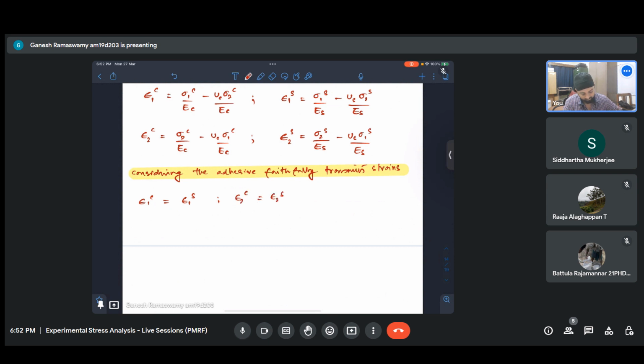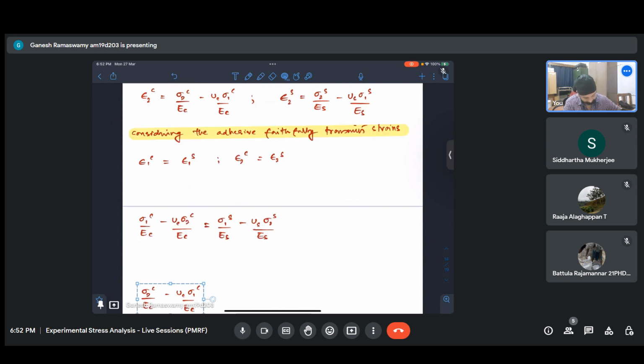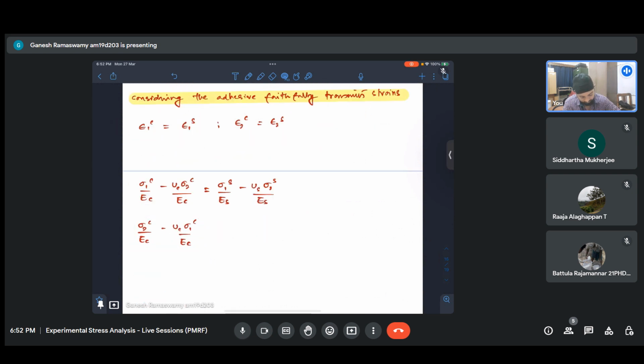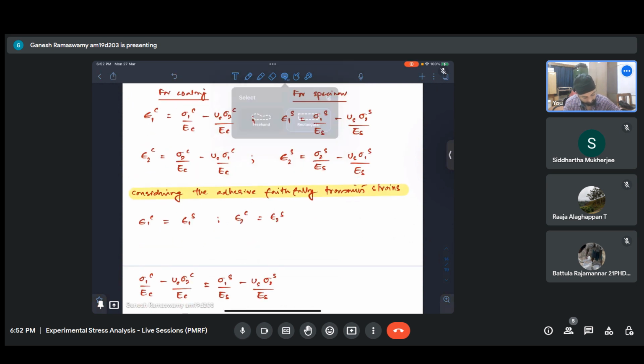So from this relation, what we are trying to say is this quantity is equal to this quantity.